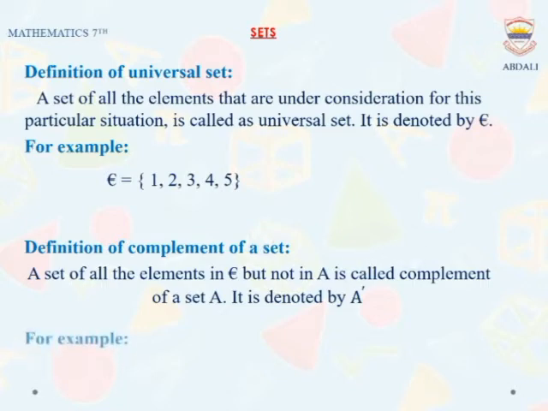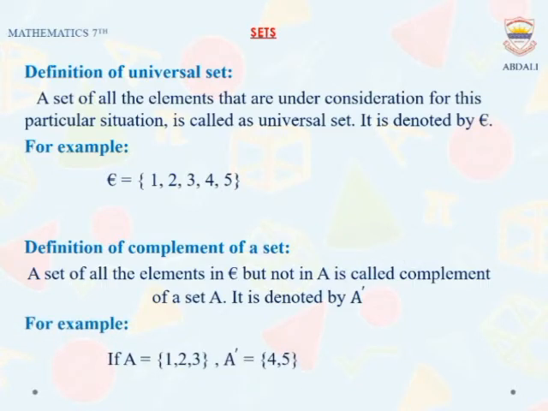Here is an example: if set A is 1, 2, 3 and the universal set is 1, 2, 3, 4, 5, then the set A prime, A complement, will contain all the elements of the universal set which are not in set A. Set A has only 1, 2, 3, and the universal set has 1, 2, 3, 4, 5.